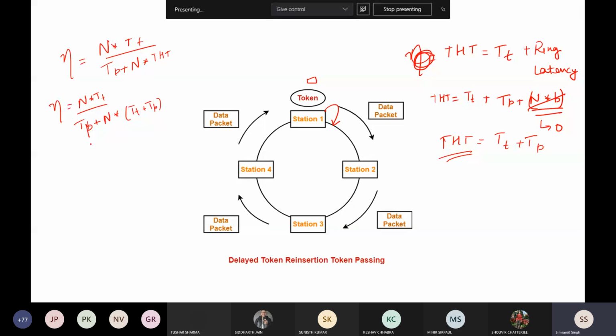If I solve it here, it becomes TP plus n TT plus n TP in the denominator, with n TT in the numerator.